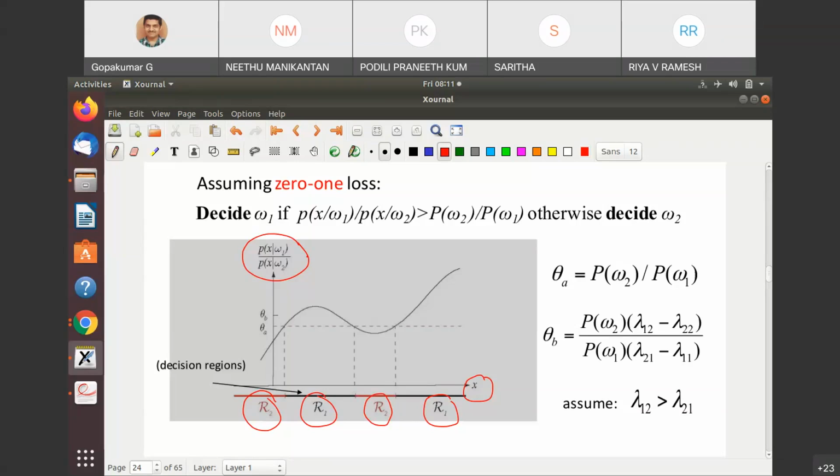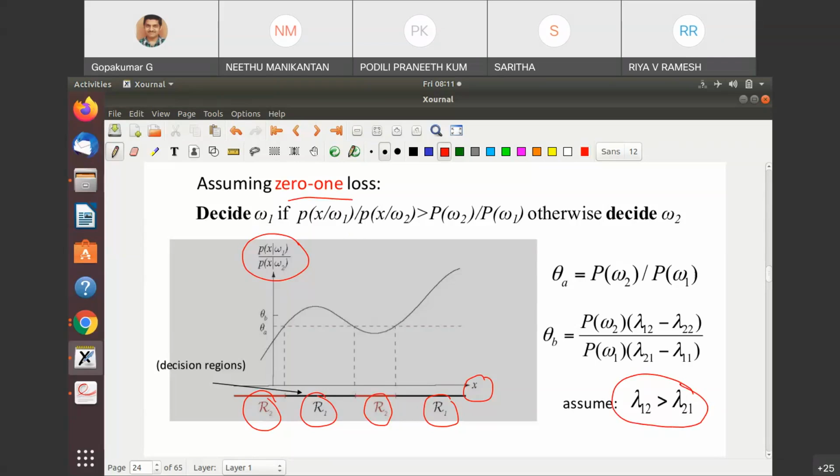So depending upon this, suppose we are using the 0-1 loss function, and for the time being let us assume one case where lambda 1 2 is greater than lambda 2 1.